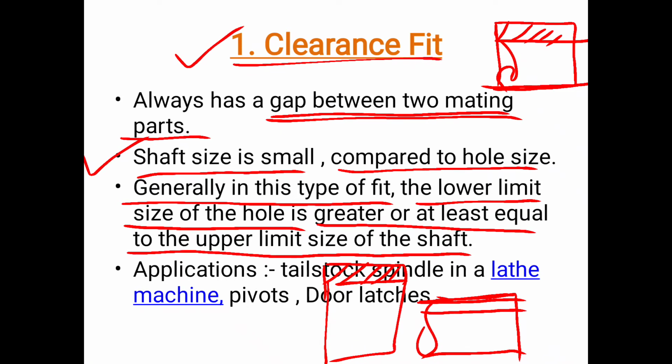So see, this is the minimum limit of hole and this is the maximum limit of shaft, and this minimum limit of hole is greater than maximum limit of shaft, so there will always be a clearance fit. This is the tolerance zone and here it is the tolerance zone. So there will be some kind of looseness between them.